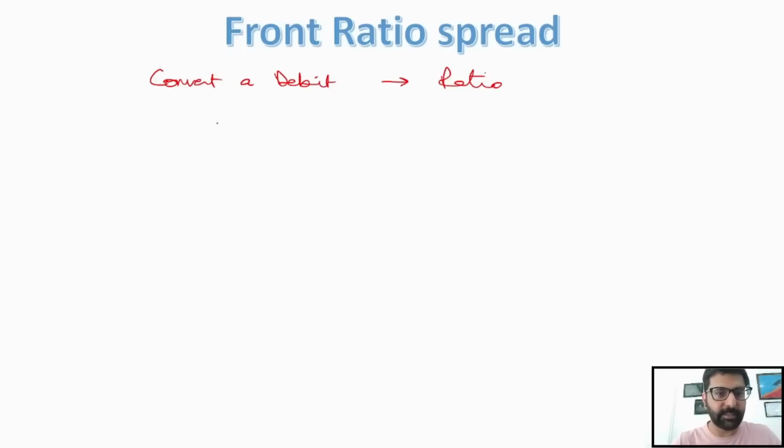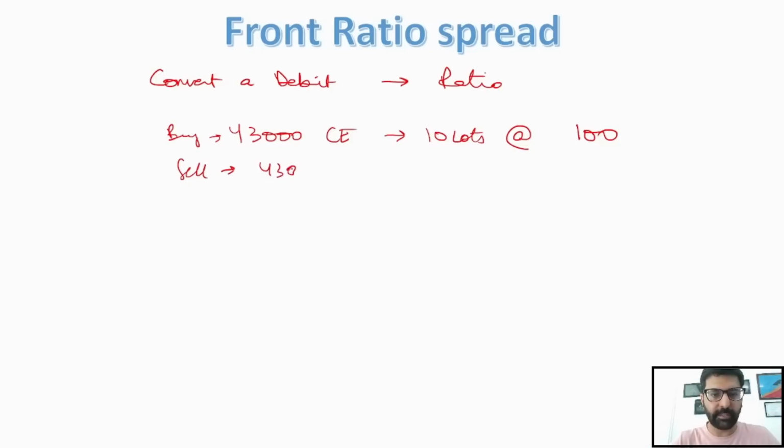So I'll give you an example. Let's say we are very bullish in the markets, and we feel that it's going to give a good bullish move, right? So let's say I buy 43,000 call, let's say 10 lots at 100. Since this is a debit spread, this is the buy leg, and I sell 43,200 call.